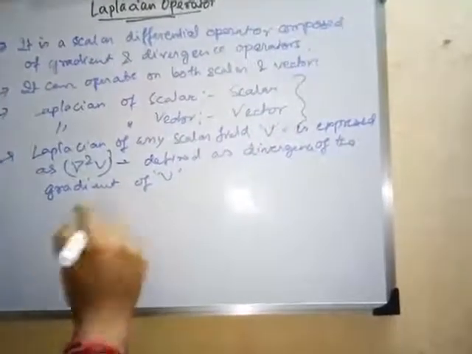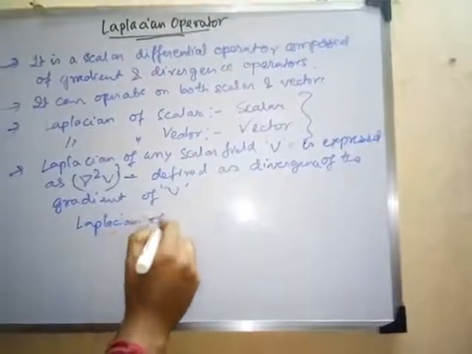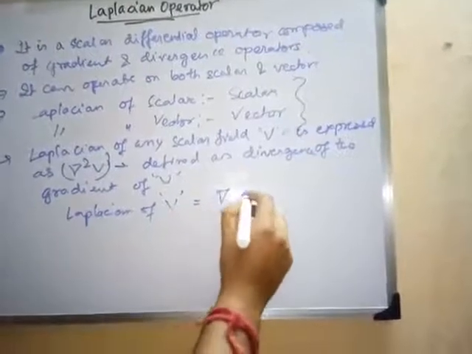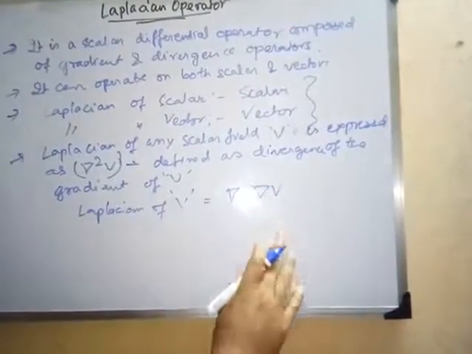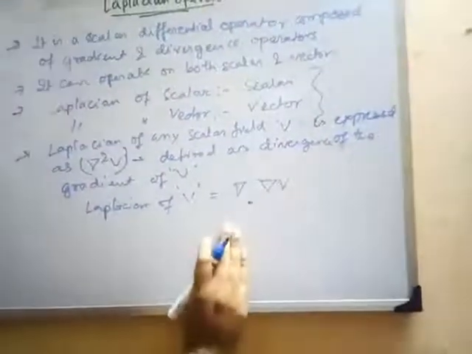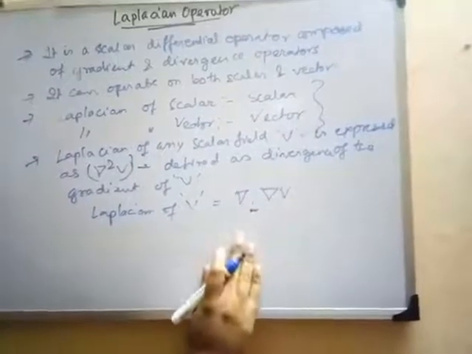So the Laplacian of the field V will be equal to del dot del V. We have the gradient, and this is the divergence.